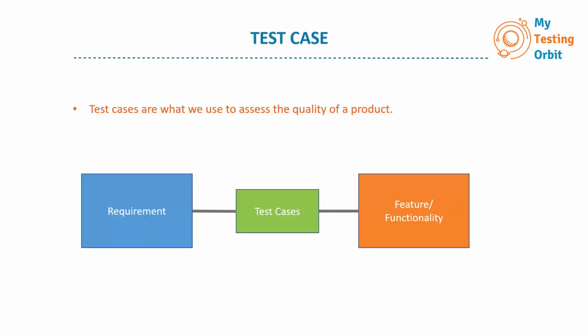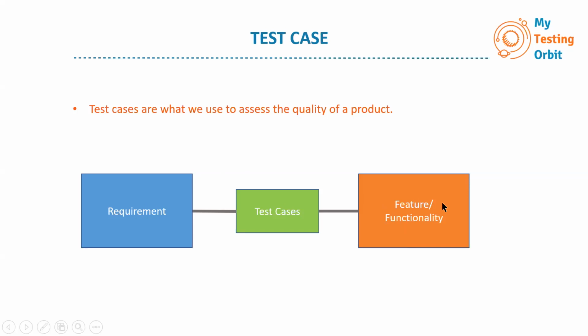Okay, so the next one we'll go through is a test case. So what is a test case? Test cases are what we use to assess the quality of a product. So we have a feature or a functionality which we'll be testing. And then this feature and functionality needs to be tested against a requirement.